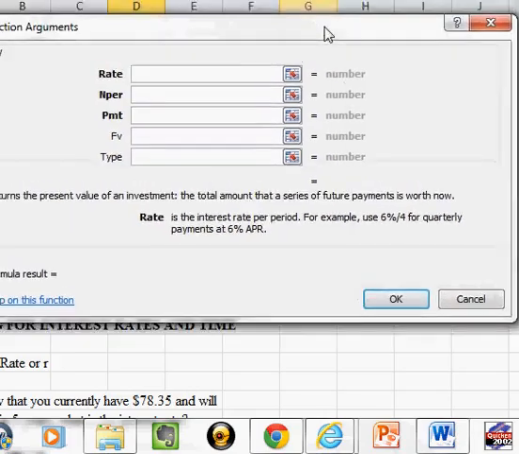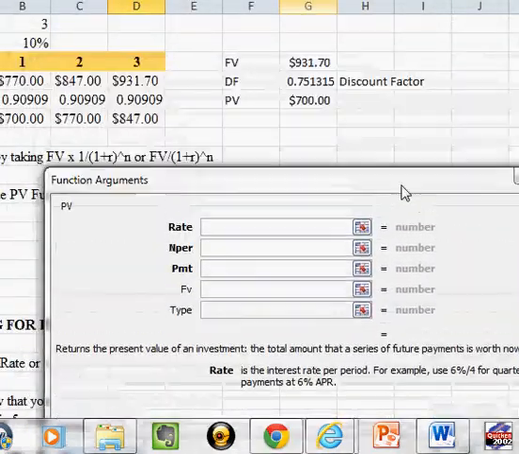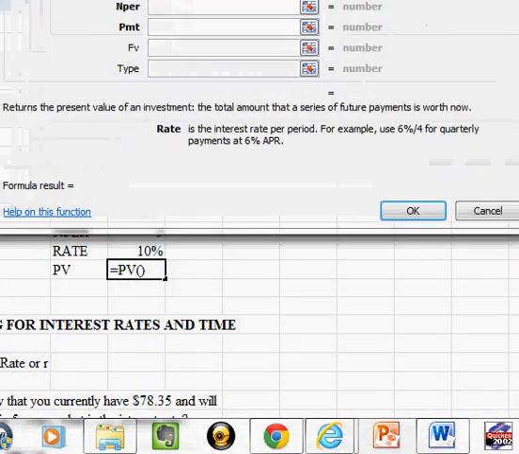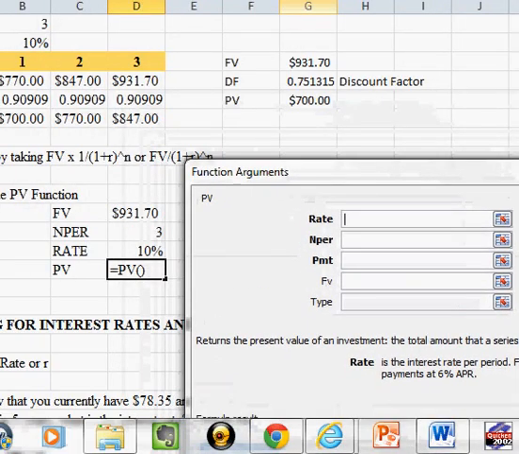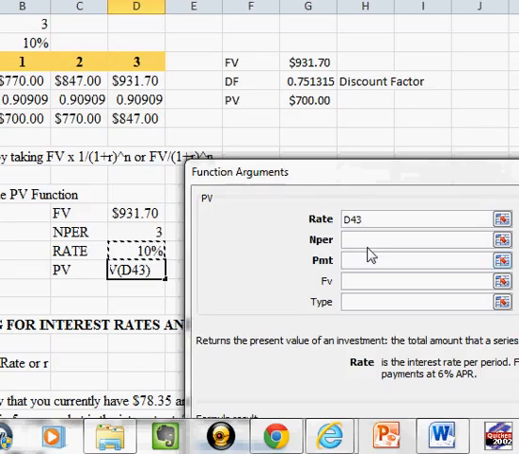So for the PV, the rate is the 10%. The number of periods is 3. And again, I'm skipping payment and I'm inserting the future value. I want a positive answer, so I'm going to enter the future value as a negative, so I'm going to enter negative 931.70.